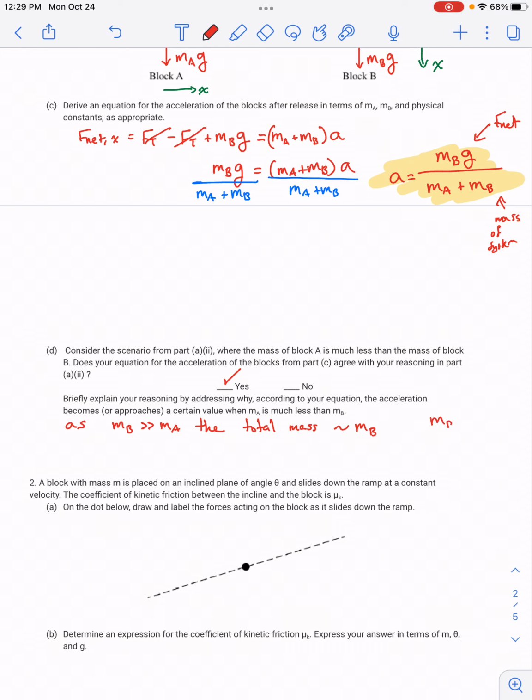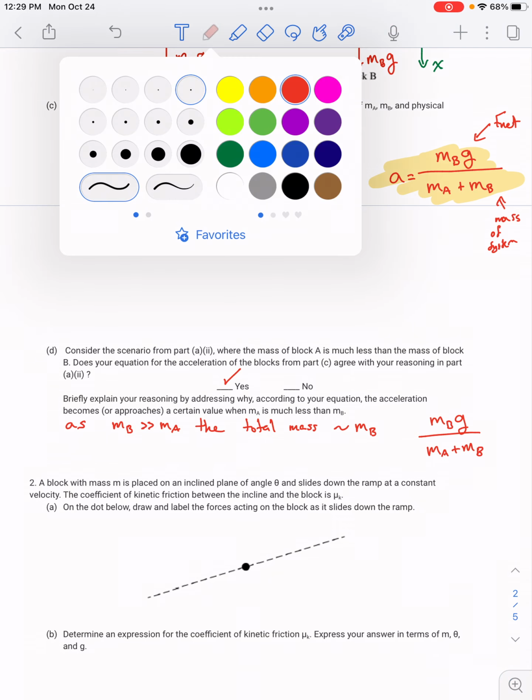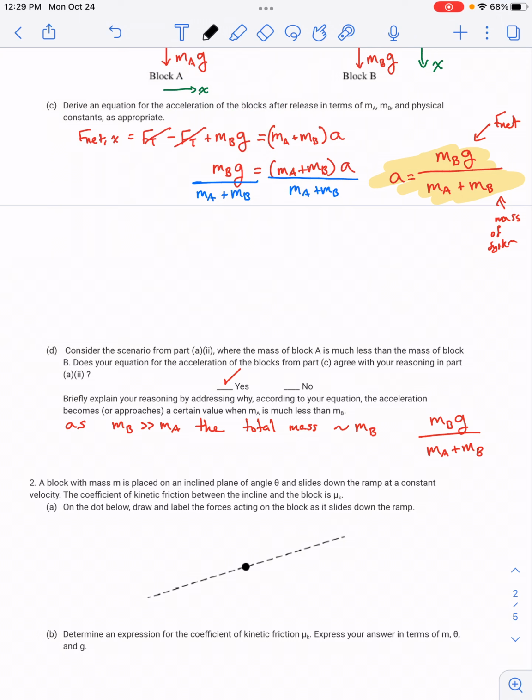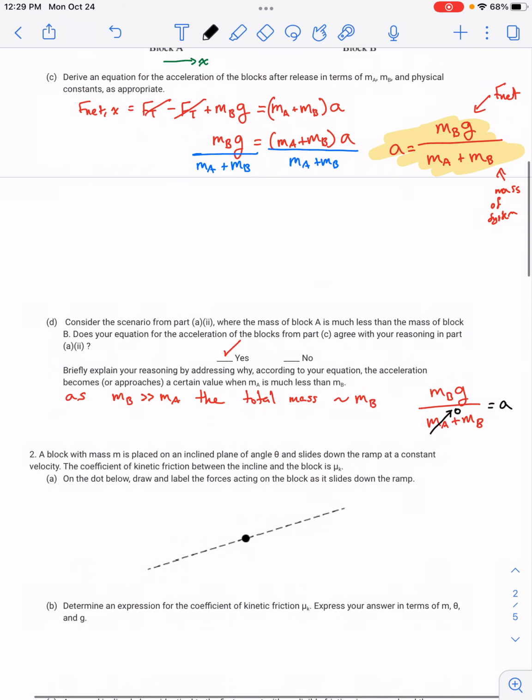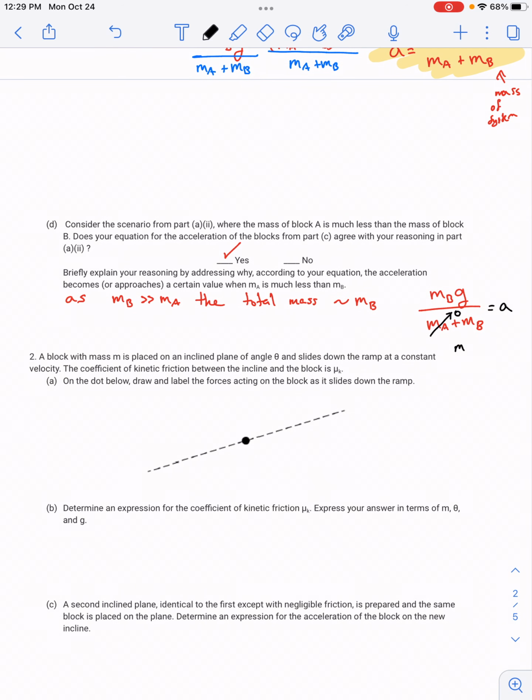So in our equation, we have mBg over mA plus mB. What we're saying is that mA is so small, it's almost like 0 in this equation. And so since this is equal to our acceleration, mA doesn't really matter. It basically goes to 0. So we just have mBg over mB equal to our acceleration.